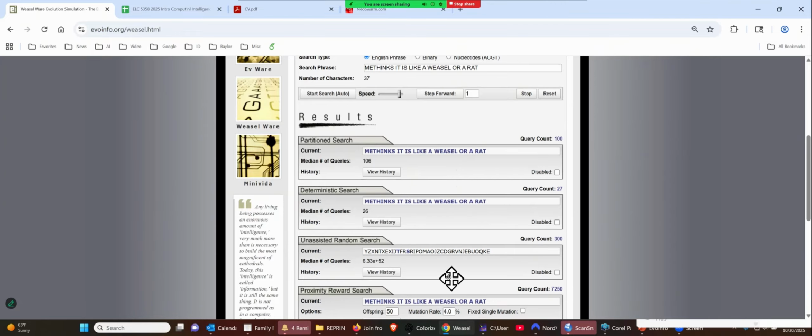But we have down here the unassisted random search, which has no domain expertise at all and is going to go on forever. The median number of queries here is 6.33 times 10 to the 52. So that's kind of crazy.